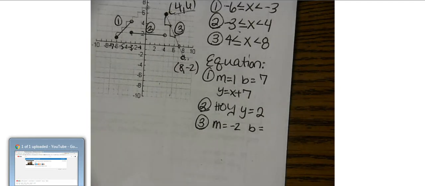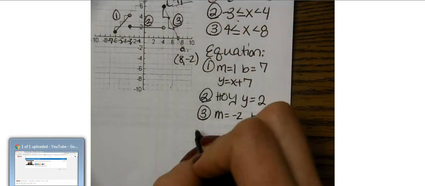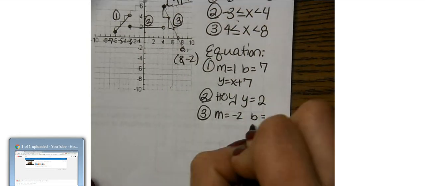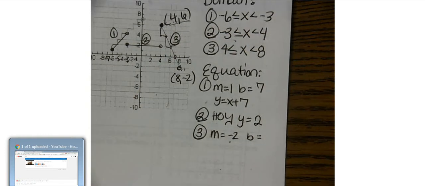I like working with positive numbers, so I'm going to work with (4, 6). And I also like the b method, so I'm going to go with the b method. But if you like point slope, work with point slope. So I'm going to plug all of these values, (4, 6) and m equals -2, into my y equals mx plus b formula.